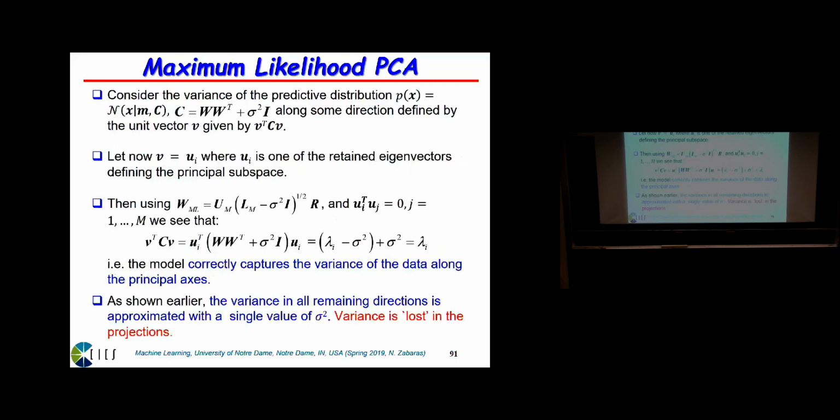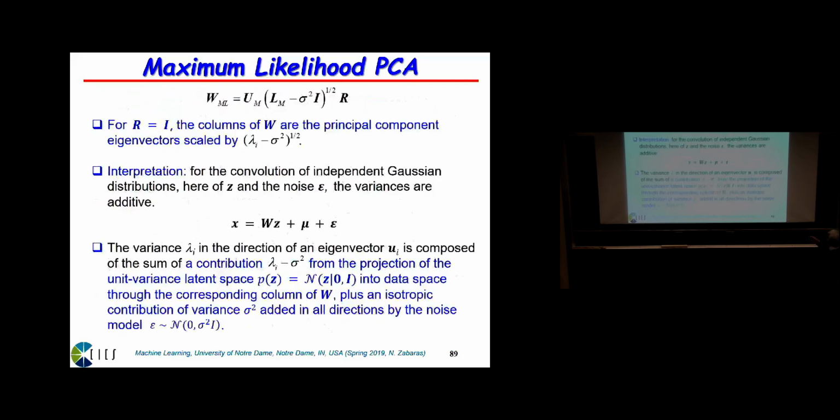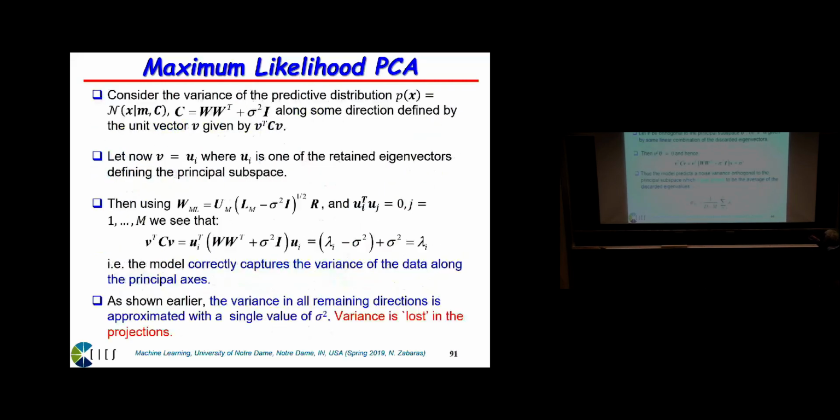Now, it comes out not by accident. If you take a direction u_i in the principal subspace, from 1 to M, and plug it in there, with W equal to this, you remember the scaling on W was the diagonal matrix to the power 1/2. So you get that twice, and you get lambda i minus sigma squared plus sigma squared, which is lambda i.